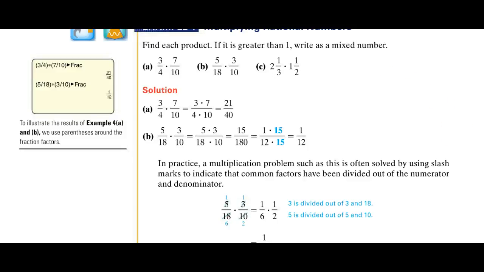In letter A, are there any common factors? No. So we just multiply the 3 times 7 and get 21, and the 4 times 10 and get 40. Since we couldn't cancel anything out here, we can't cross-cancel.